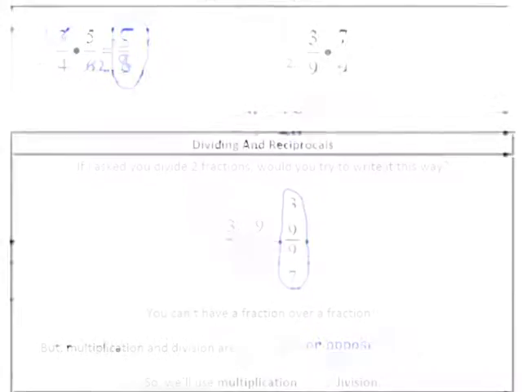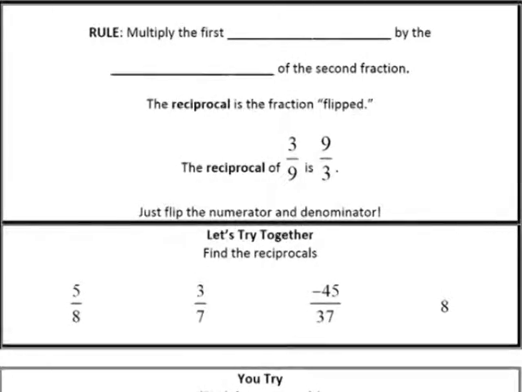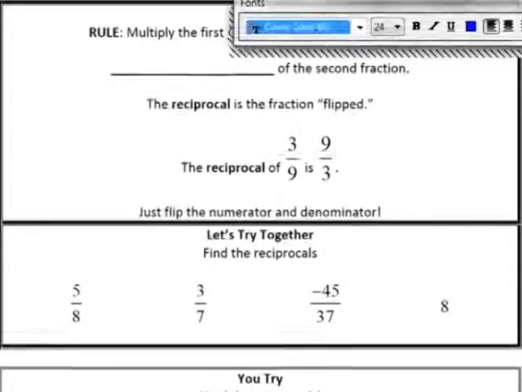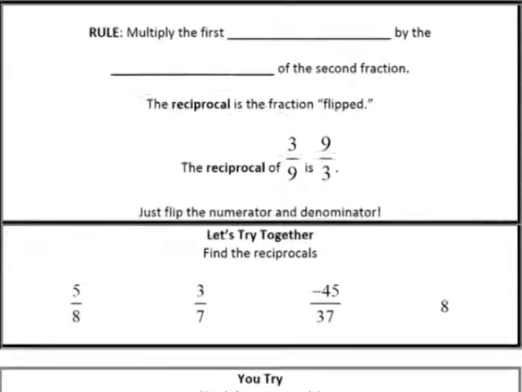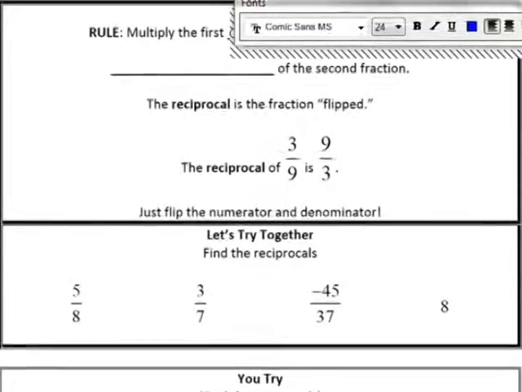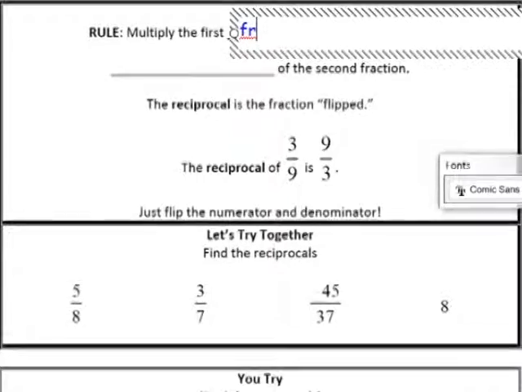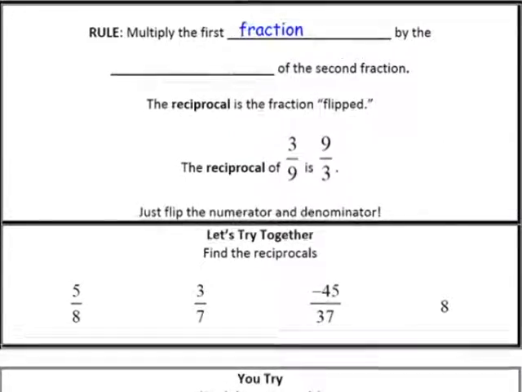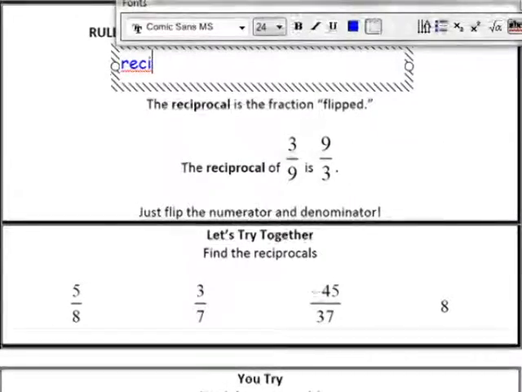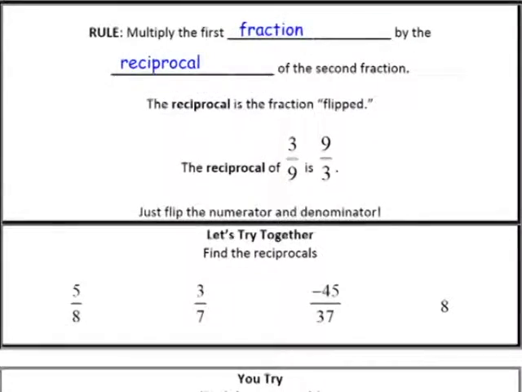So our rule: multiply the first fraction by the reciprocal of the second fraction. The reciprocal is essentially the flipped version.